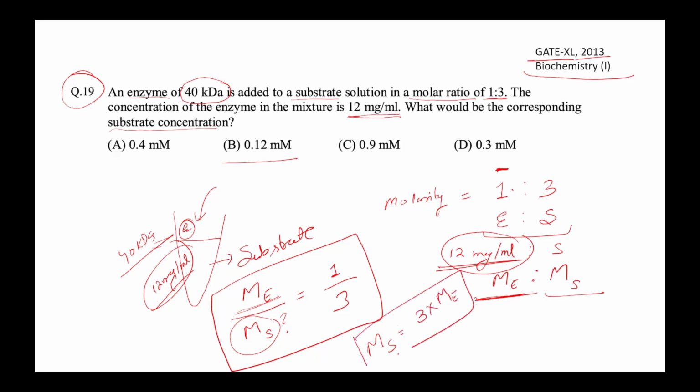We have to solve this question with this equation, so we have to find the molarity of the enzyme. About the enzyme, only two properties are given: molecular weight and final concentration. Using these two, we have to reach the molarity of the enzyme. What is the formula for that?